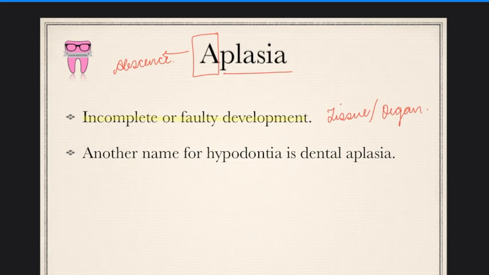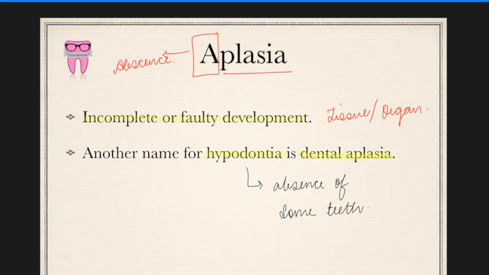It's another name for hypodontia, which is absence of some teeth. Hypodontia means absence of some teeth or few teeth. Another term for hypodontia is dental aplasia. Aplasia is absence of cell division which results in absence of teeth.